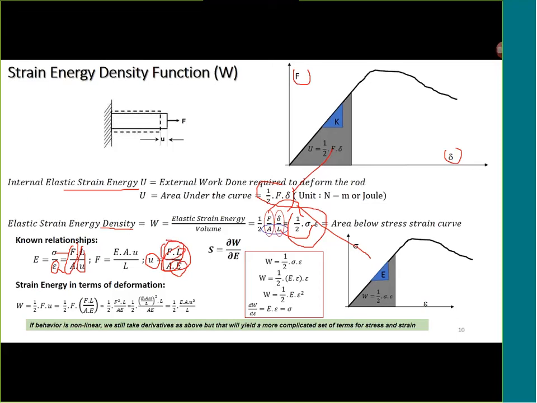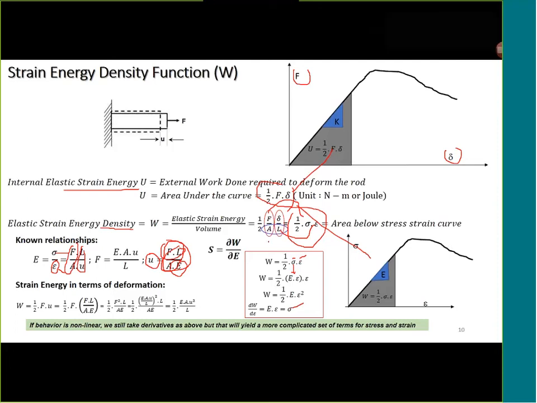So now, having understood this, we can write the strain energy as half of stress into strain. Stress can be written in terms of Young's modulus. So if we differentiate this with respect to strain, what we get is the stress. So this is a simple understanding of how the mathematical definition of elasticity is used in deriving the basic solid mechanics approach.